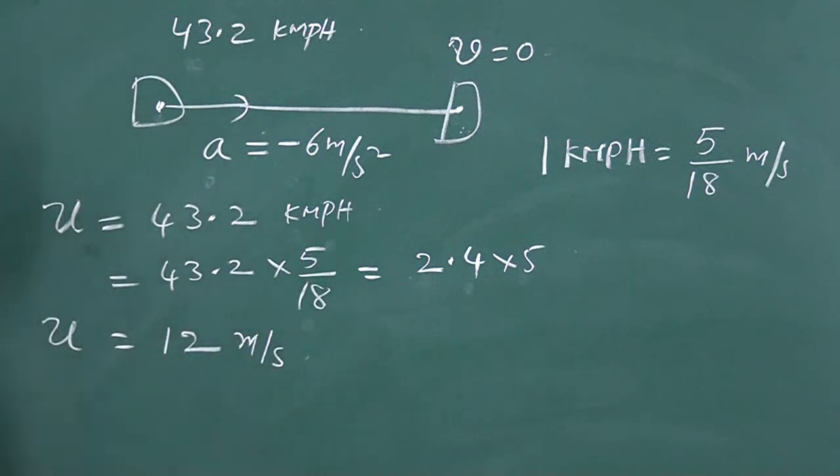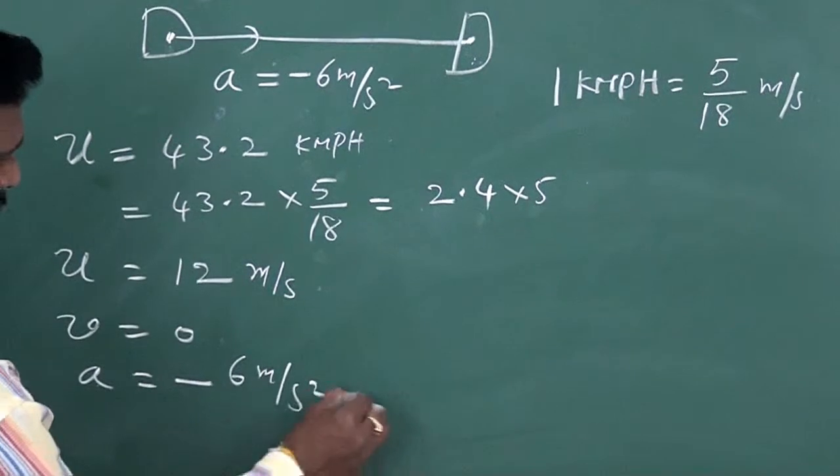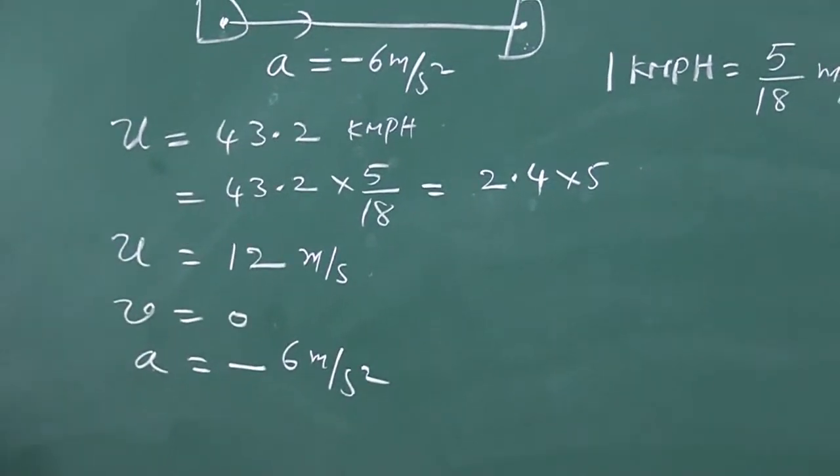So this is the initial velocity of the scooter. Now brakes are applied, then finally it comes to a stop, hence final velocity v equals 0. Deceleration is given as 6 meter per second square, hence acceleration a is equal to minus 6 meter per second square.